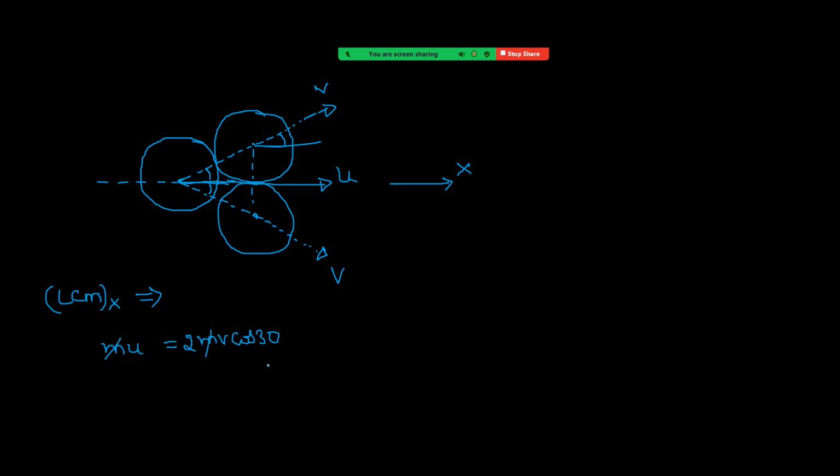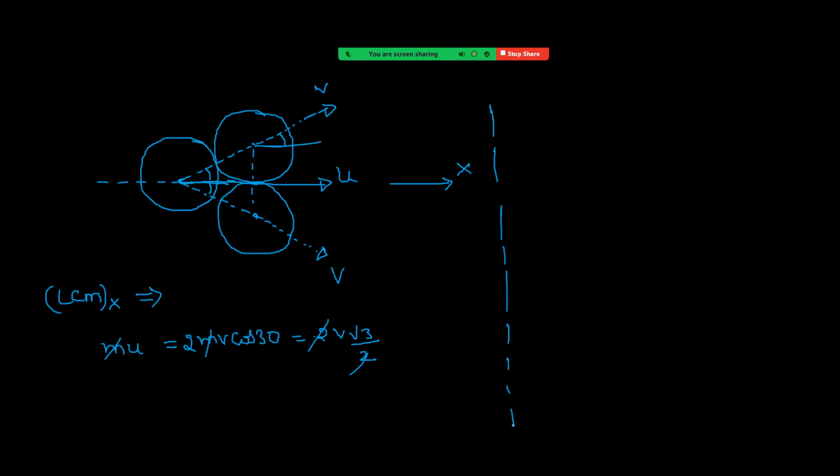So m gets cancelled. The relation between v and u is cos 30, root 3 by 2. 2 gets cancelled. This is now, I take here 2v root 3 by 2. 2 gets cancelled. Now next one, we have to calculate coefficient of restitution.